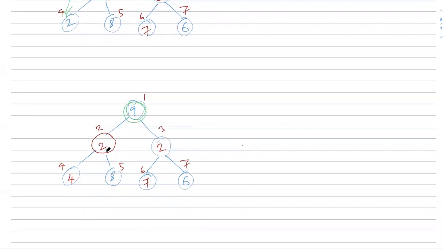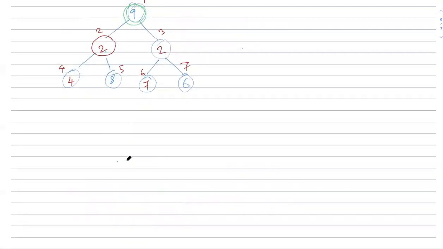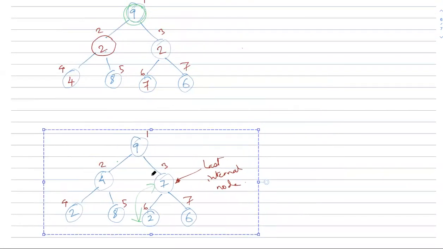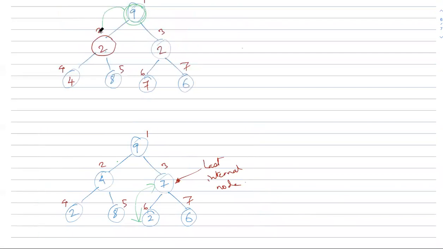And you can see that it has to pick now the minimum of the two children and needs to swap. So it needs to swap with either of these two. So let's say it picks this one to swap.